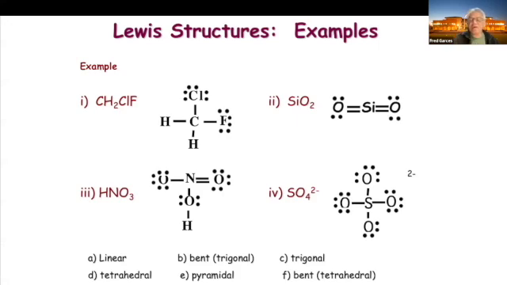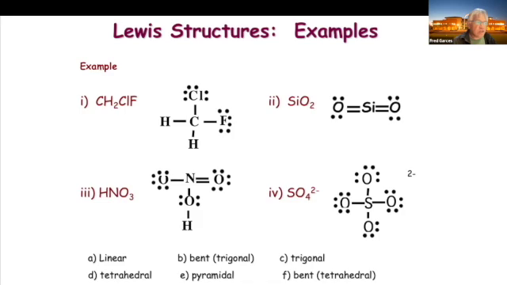Now, before I do the molecular geometry, let me show you some exceptions to the Octet Rule. Okay, remember the Octet Rule simply means that the atoms want 8 electrons in its valence shell, and it has 8 by sharing. So like this silicon right here, 2, 4, 6, 8 through the bonds.